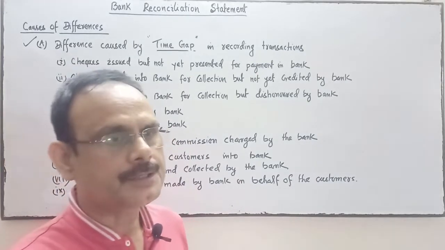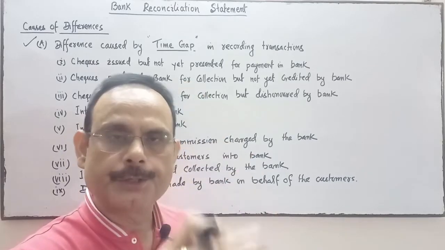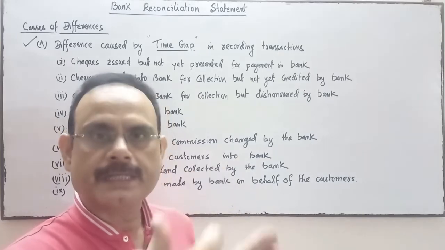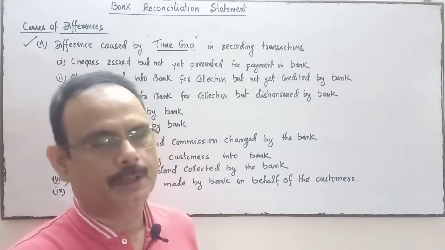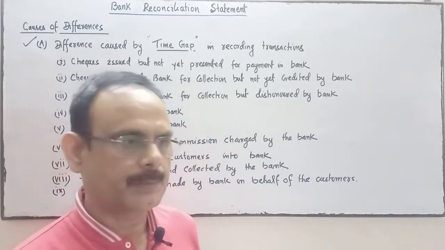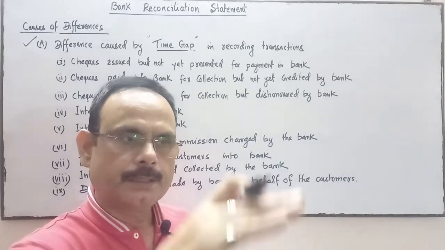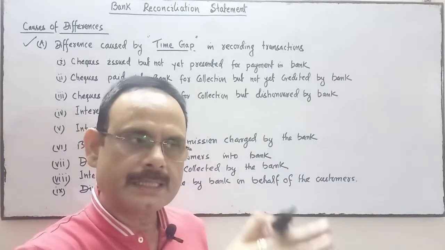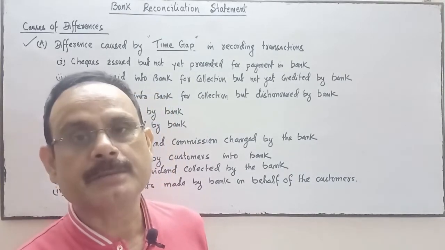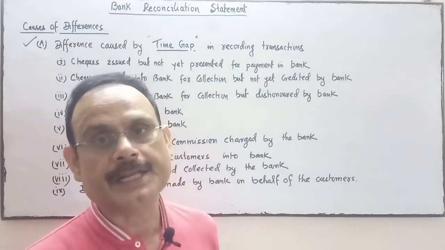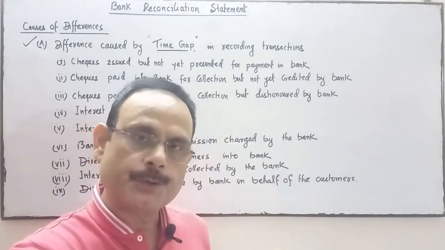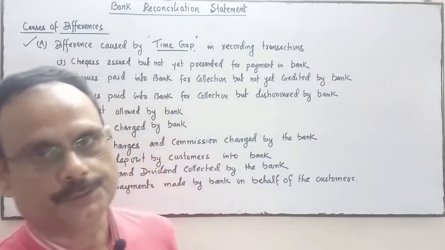When the interest is charged, the passbook balance will reduce, whatever the reason may be, on overdraft or any loan taken by the customer, but this information is not given by the bank to the customers. That's why the customer has not recorded this transaction on the credit side of the cash book. So the passbook balance has reduced, but the cash book balance is not reduced.